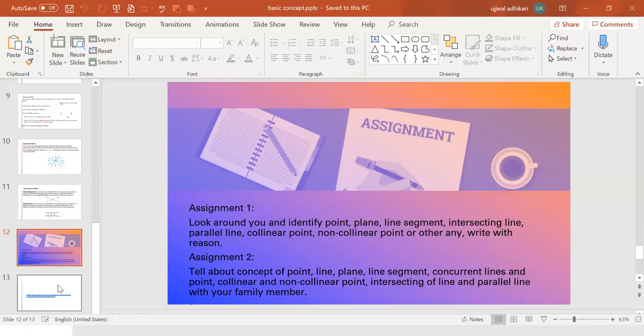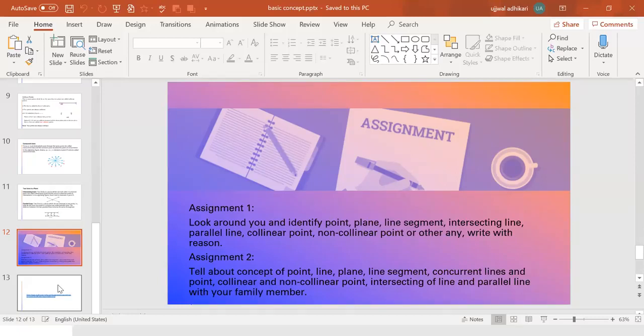Look around you and identify point, plane, line segment, intersecting line, parallel line, collinear point, non-collinear points, or any other, with reasons. तिमी आफ्नो वरिपरिका सर्फेसहरु हेर, आफ्नो वरिपरिका अब्जेक्ट्सहरु हेर र त्यो अब्जेक्ट हेरिसकेपछि ती अब्जेक्टहरु मध्येबाट पोइन्ट के हुन्, लाइन के हुन्, लाइन सेगमेन्ट के हुन्, त्यस्तै कोलिनियर पोइन्ट के हुन सक्छन्, नन कोलिनियर के हुन सक्छन् भन्ने कुरा आइडेन्टिफाई गर र किन ती कुराहरु चाहिँ पोइन्ट हुन्, किन त्यो लाइन हो, किन त्यो लाइन सेगमेन्ट हो भन्ने कुराको रिजन सहित लेख र तिम्रो असाइनमेन्ट तिमीले हाम्रो ग्रुपको मेसेन्जरमा अट्याच्ड गर्न सक्छौ र हामी त्यसको बारेमा फिडब्याक गर्छौं.